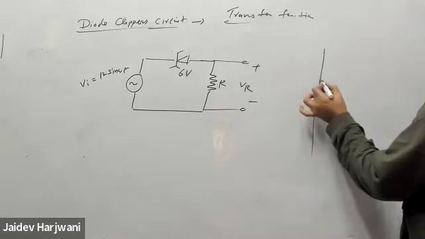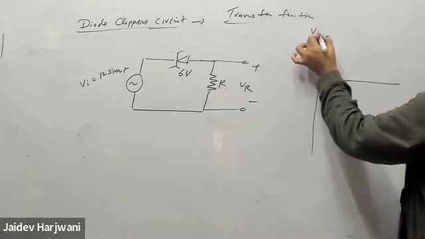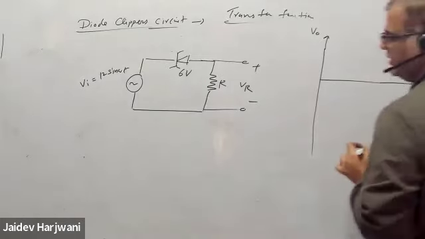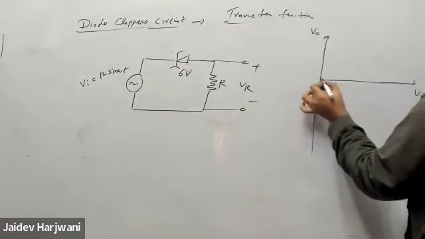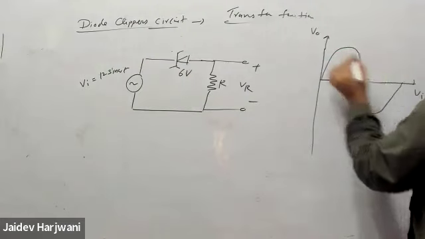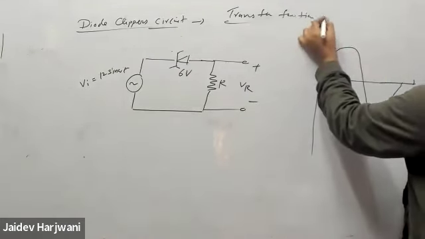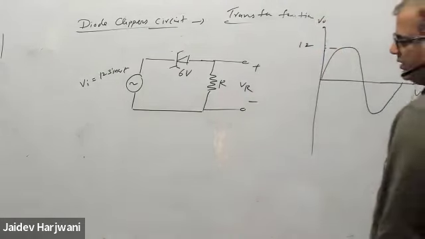Input is your V input, and this is 12 sine omega t. Up to here, maximum is 12.